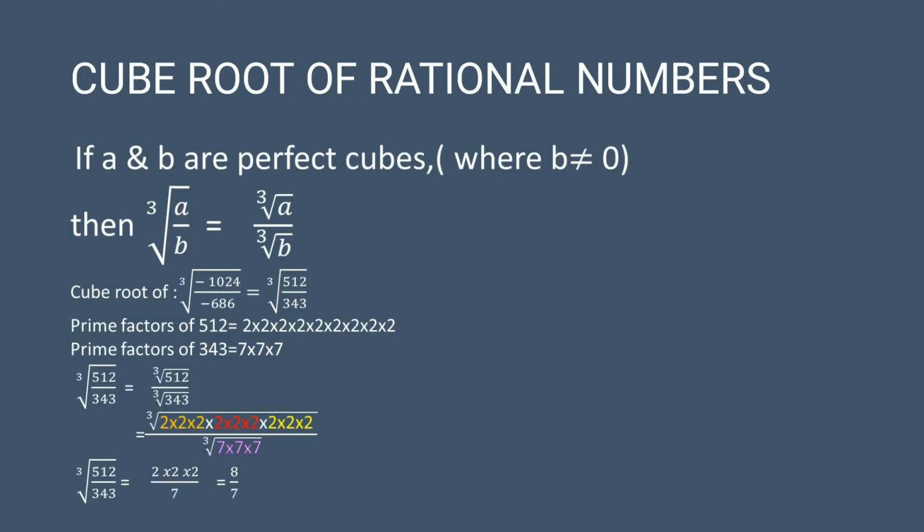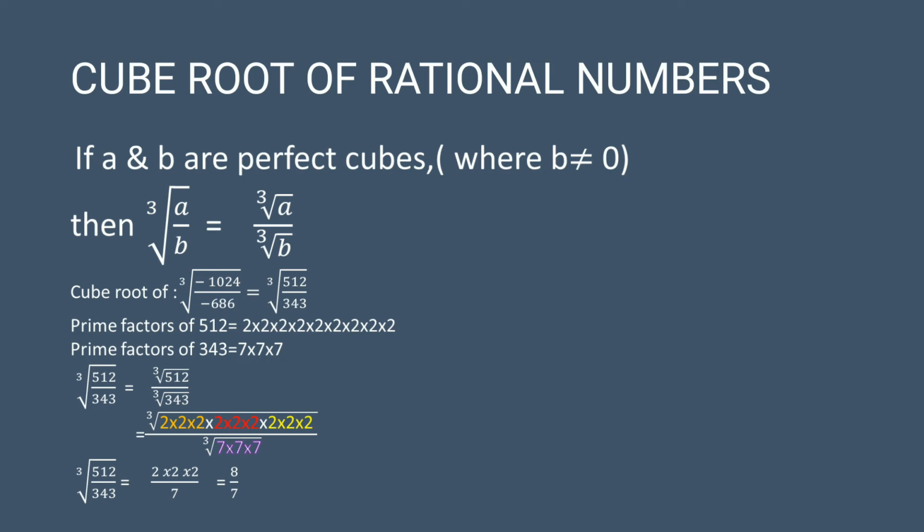Here is one more example, of finding the cube root of a rational number. If a and b are perfect cubes and b is not equal to 0, meaning the denominator is not equal to 0. If the denominator is equal to 0, then the number can never exist; the number cannot be defined.